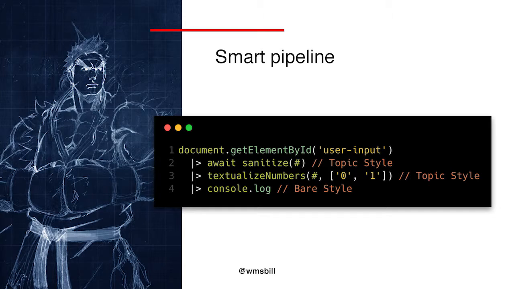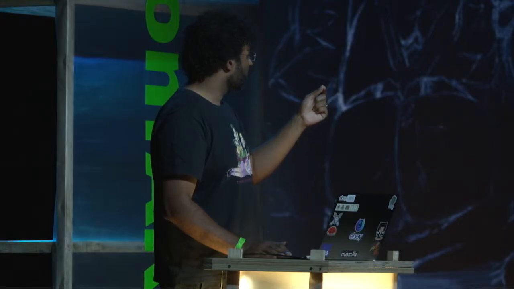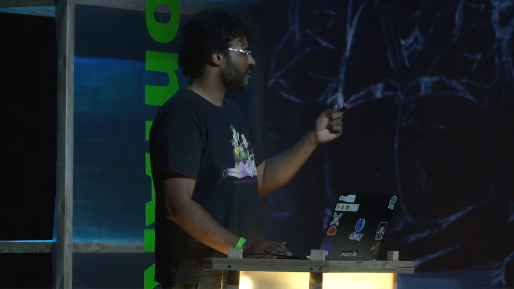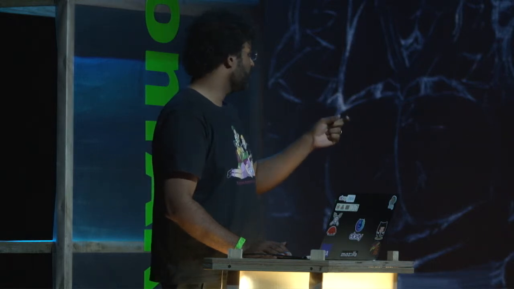You can check the last line of code is the bare style, and the other two are topic style, which means in the topic style I have a token, which is my wildcard, that will be replaced by the topic of the previous step of this pipeline chain. And whenever it's implicit, just a function that receives one parameter, I can use the bare style.